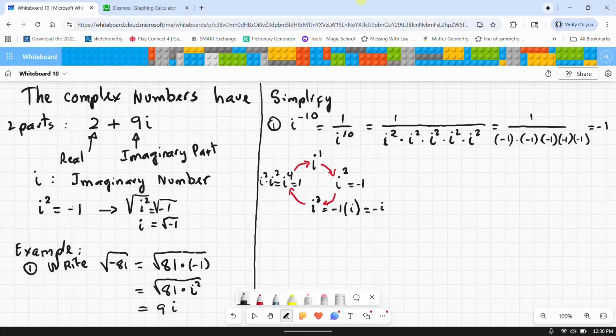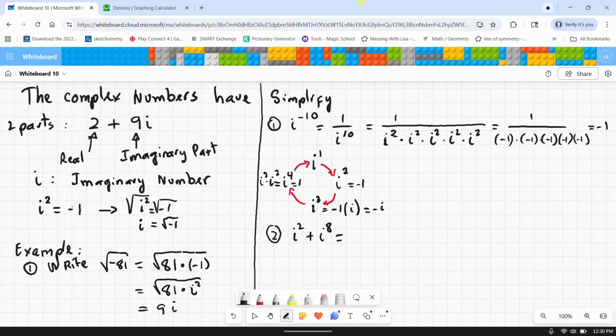So let's do something with a very big degree of the exponents. For example, example number two: i to the second plus i to the eighth.